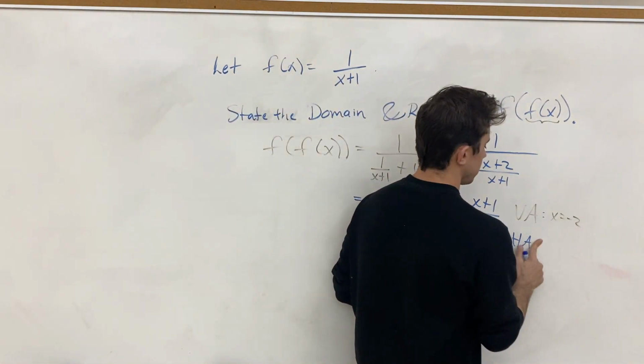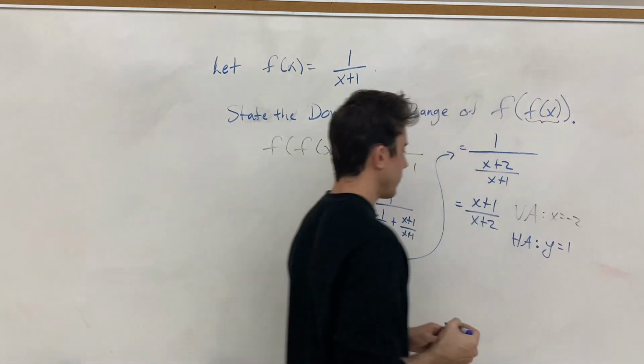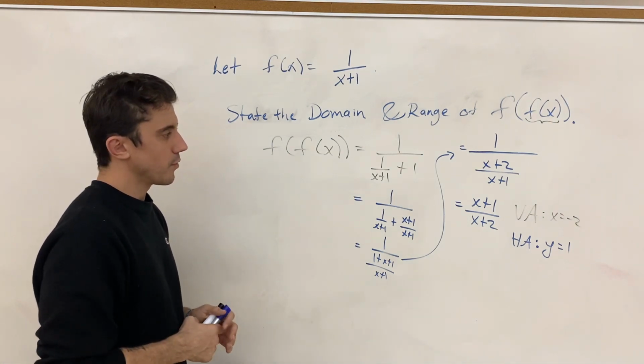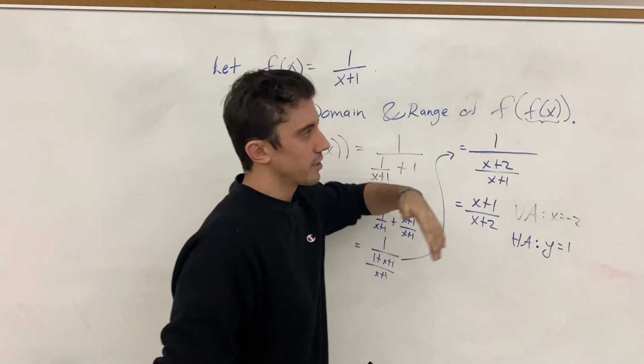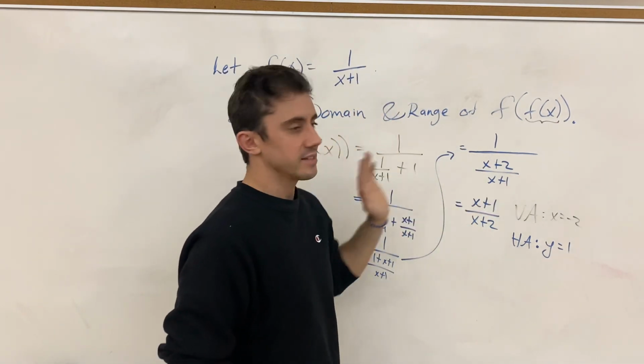Let's move a colon here. Y is equal to 1 for our horizontal asymptote, and from that point forward, we're going to get a 1 over x function, and so we're going to go off to positive and negative infinity in both y and in x.